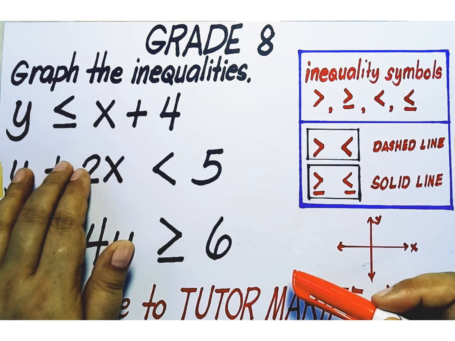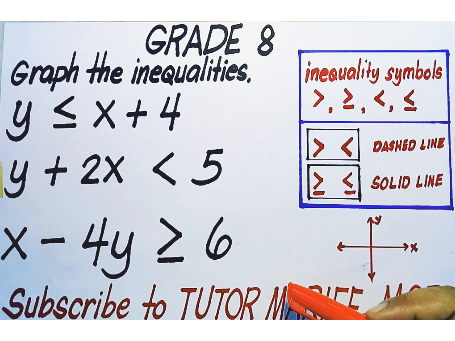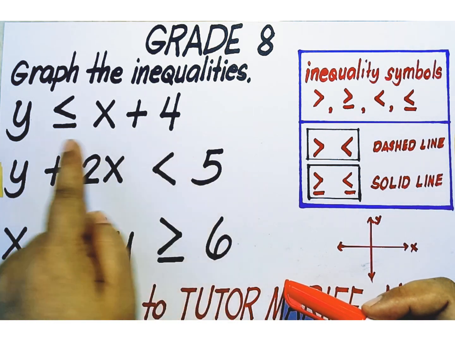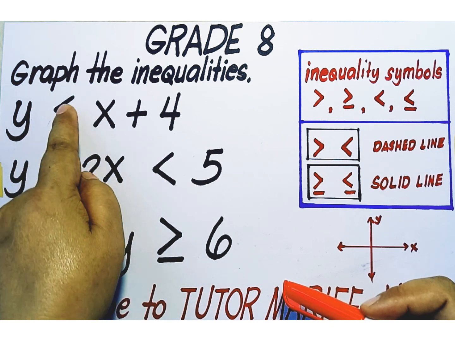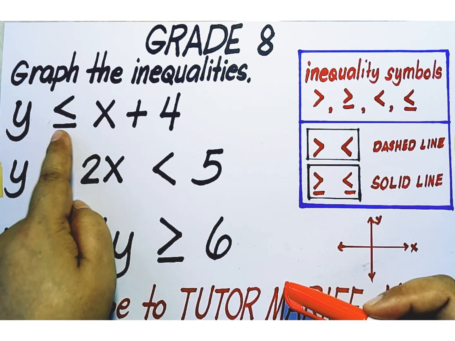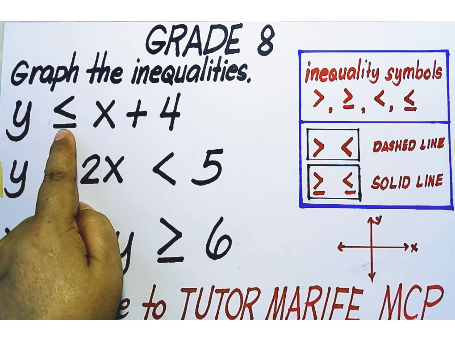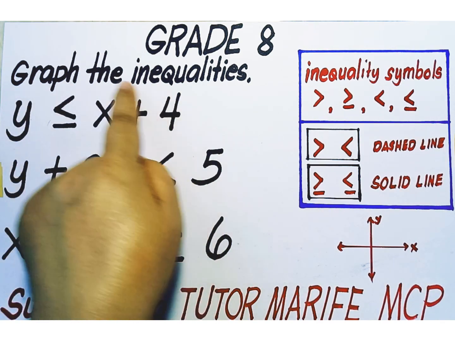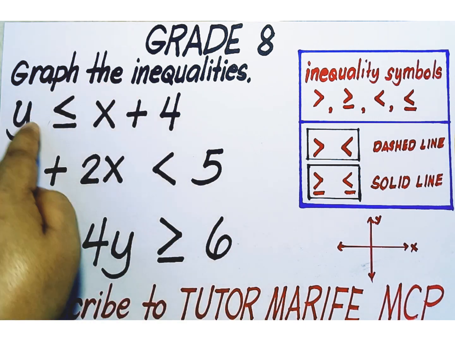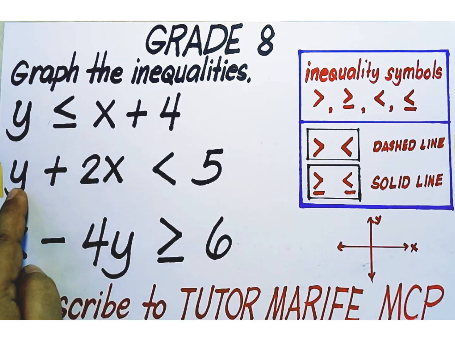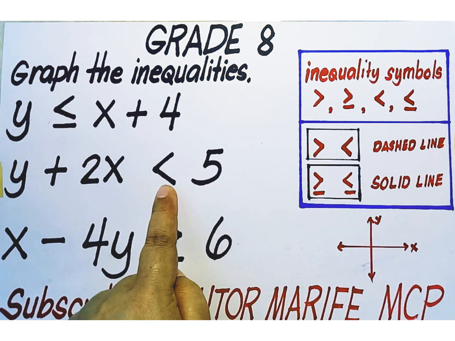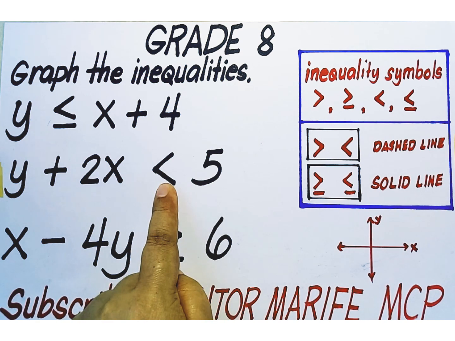Let's refer to the three given linear inequalities. For the first inequality, the symbol used is less than or equal to. There is an equal component to the symbol. That means we are going to use a solid boundary line for the first inequality. For the second inequality, the symbol used is less than.